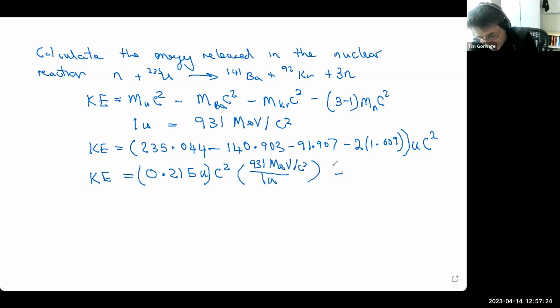And so if I carry out this little calculation, the number is 0.215 times 931, so that comes out to be 201.